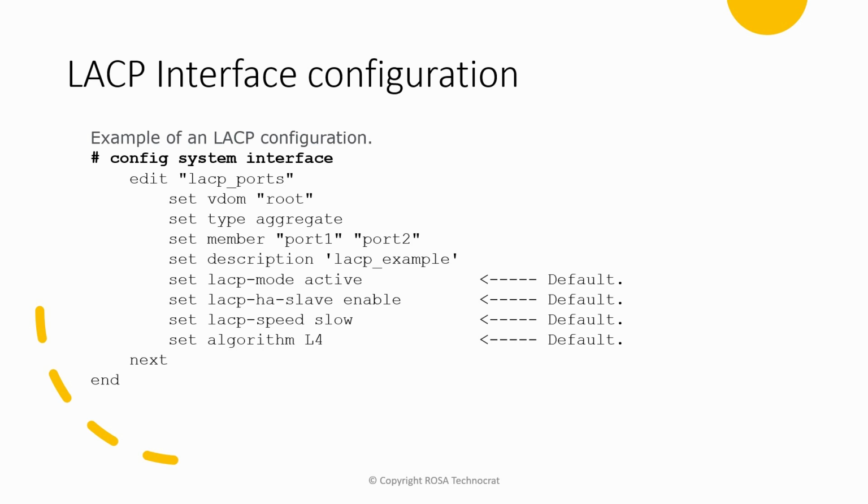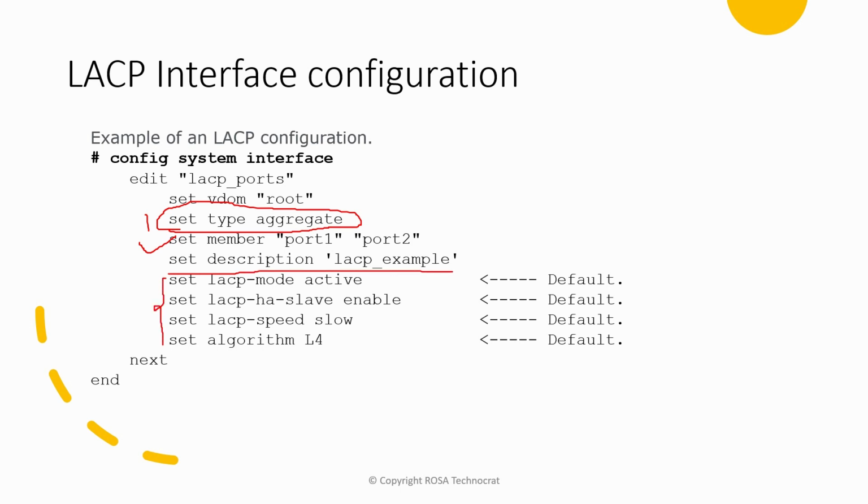Then we have which VDOM this interface is part of. This tells that this interface is of type aggregate and which ports are going to participate as members of this interface, so that is set member port1. And this description we just give for our reference.